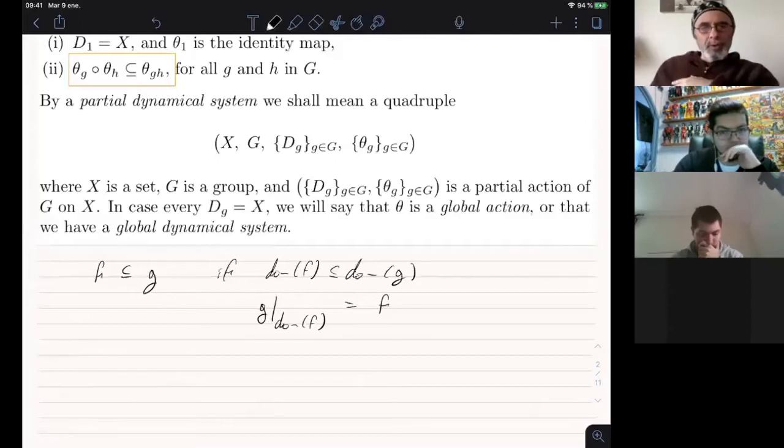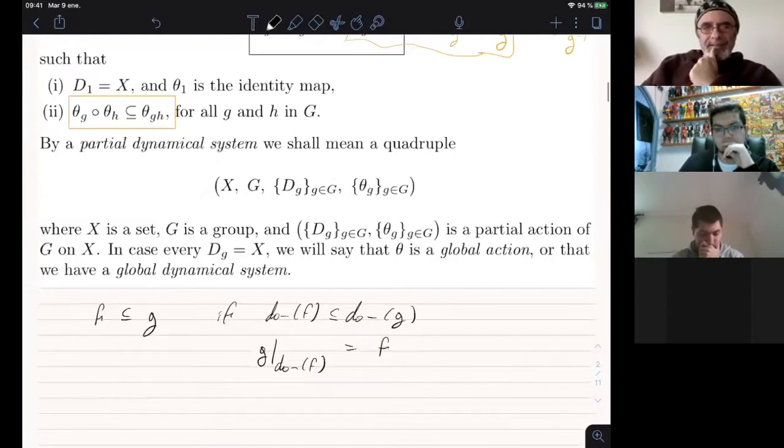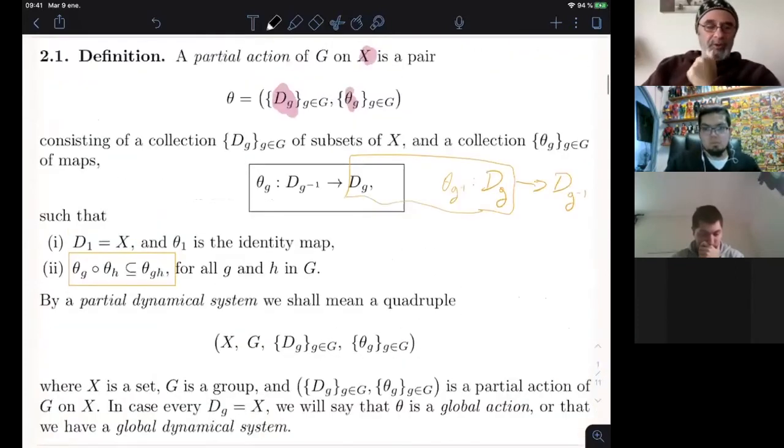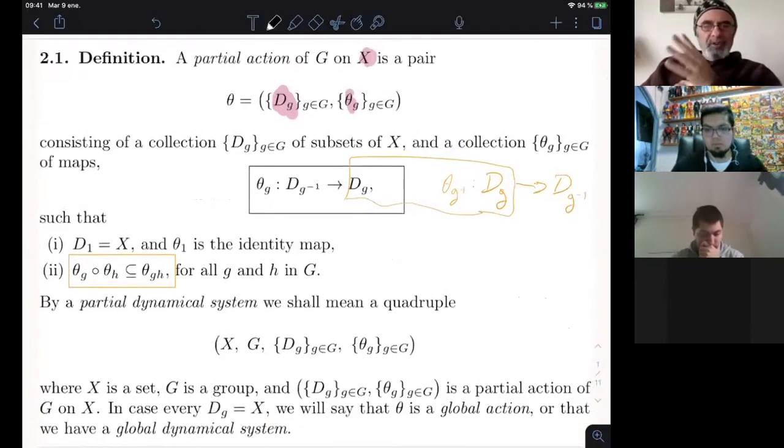I would like to ask you something. Maybe you recall we discussed partial actions of inverse semigroups. So even without writing down the exact definition, do you remember, vaguely at least, what the definition was and how it is connected with this one?